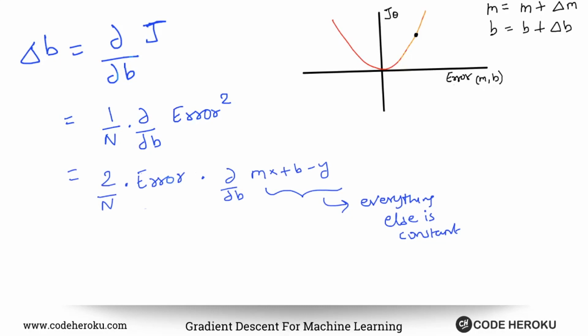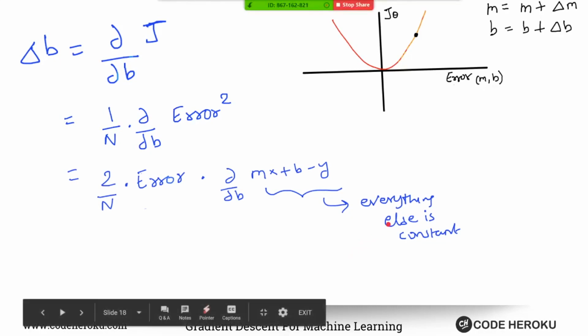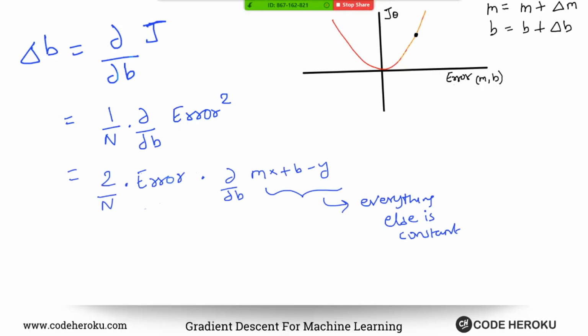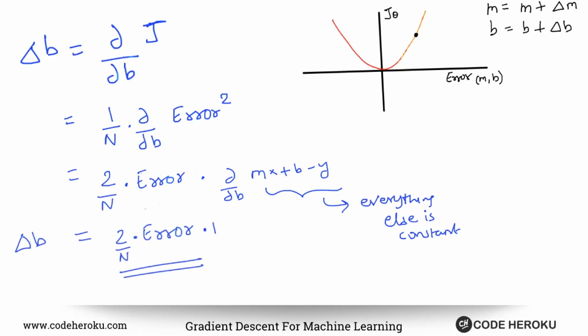Everything else is constant, so it will become 0, and d by db of b is 1. So it's going to be left with 2 by n times error. So this is what you should get. I'm going to wait over here for a few seconds for those who were not able to complete. If you have any questions, if you got stuck somewhere, let me know.